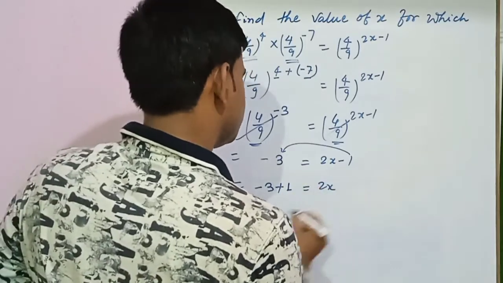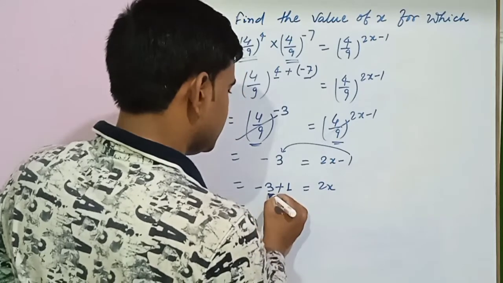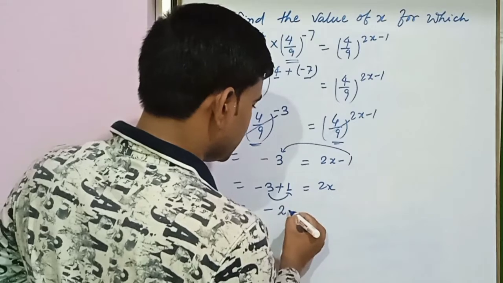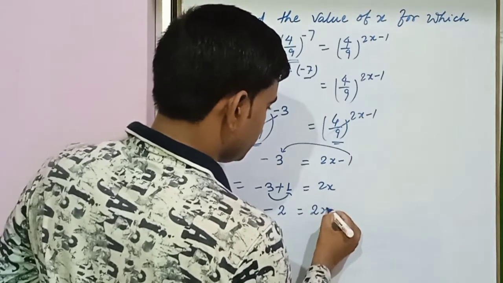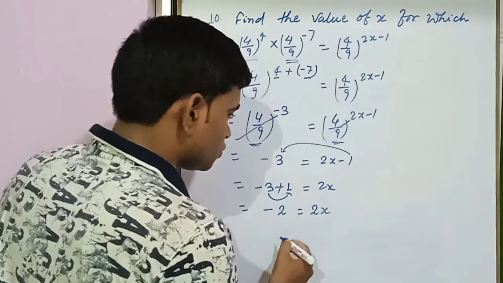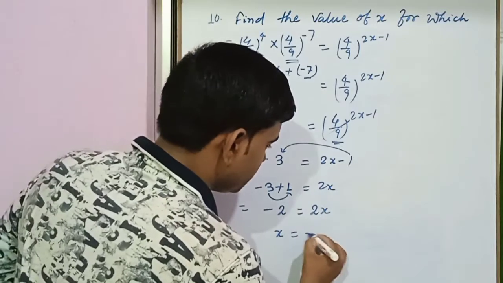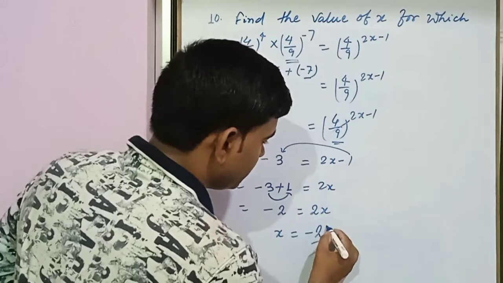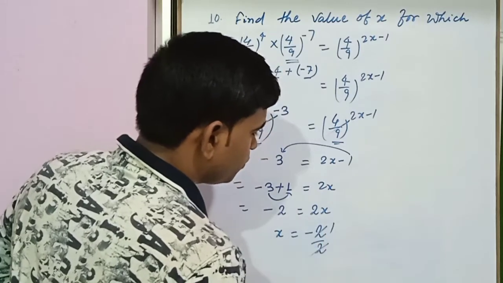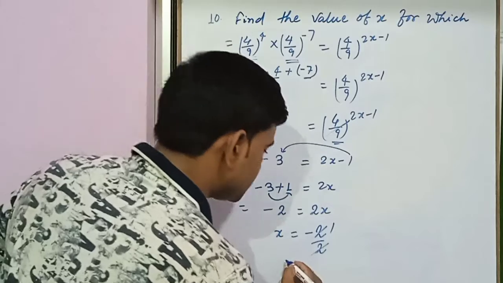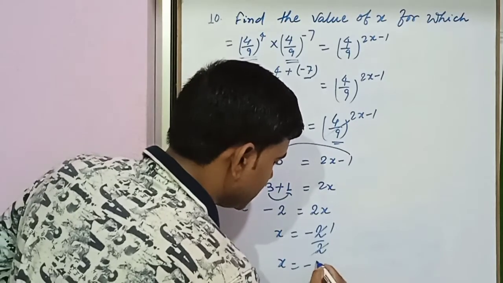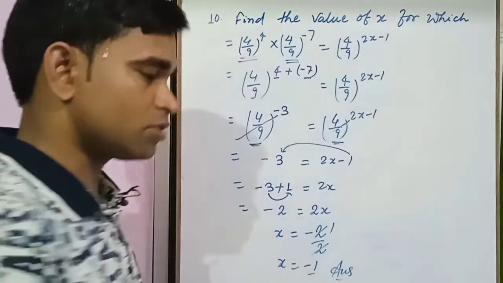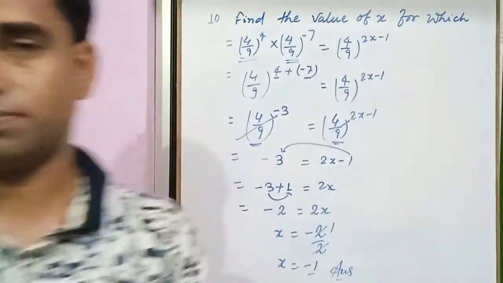So 2x is equal to minus 2, so x is equal to minus 2 upon 2. Dividing, 2 ones are 2, so x is minus 1. We have the answer that x is equal to minus 1.